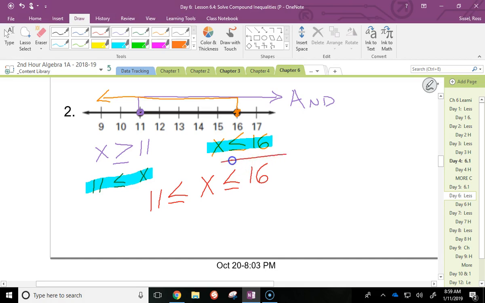This is our equation for and. Notice, your inequality signs are going the same direction. Because if they were going the opposite direction, it would end up being or.